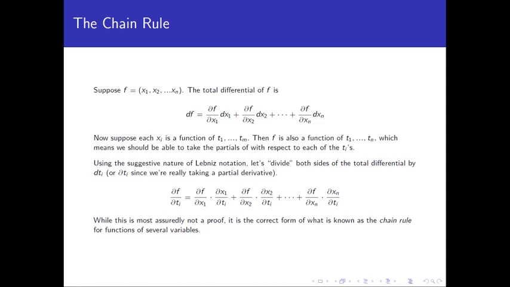However, again, the reason why we like Leibniz notation is that it suggests what the formula should be, and in this case, it works. So this is the correct form of what we refer to as the chain rule for functions of several variables. Notice that each individual term in our sum looks like the regular old chain rule for a function of a single variable.